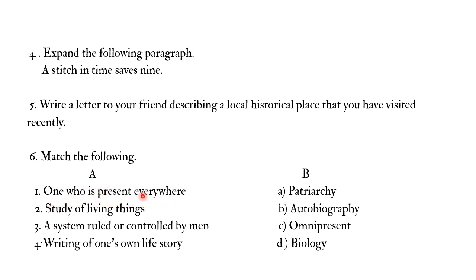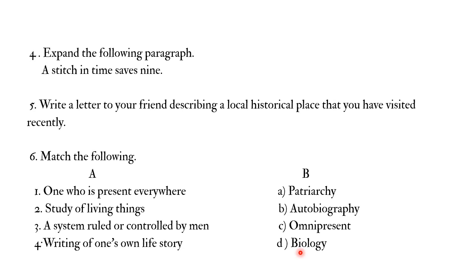See here, a clue is also given: present. Omni means all, okay, present everywhere. Study of living things, so it is biology. Bio means life, logy means study. Study of life is called biology.